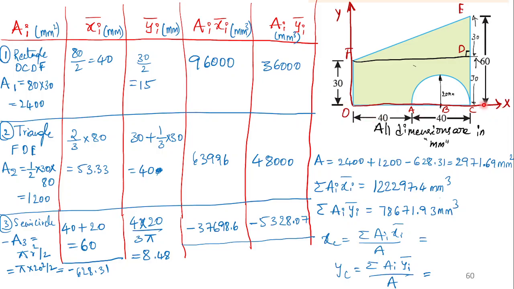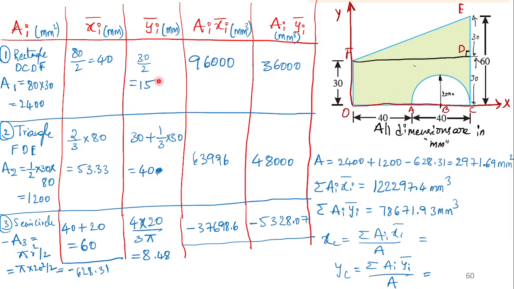Then you have the rectangle OCDF, which is of 80 by 30, and its xi bar is going to be half of 40, and the yi bar is going to be half of 30, which is going to be 50.